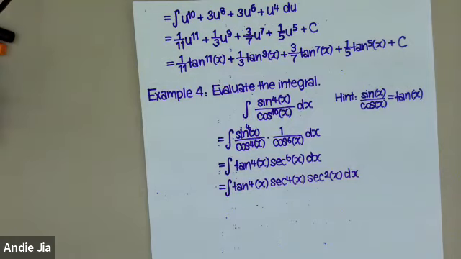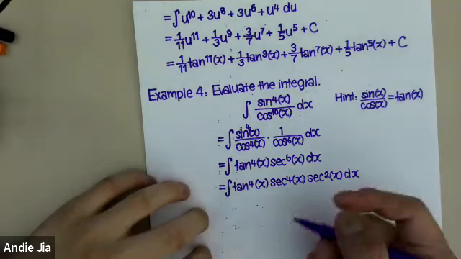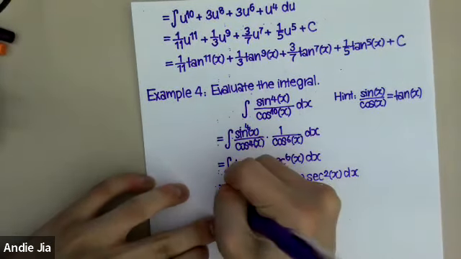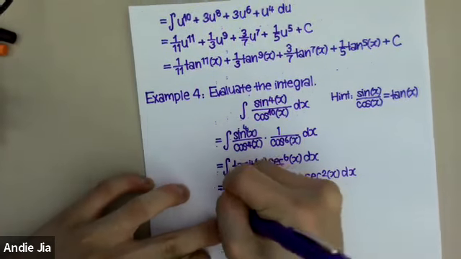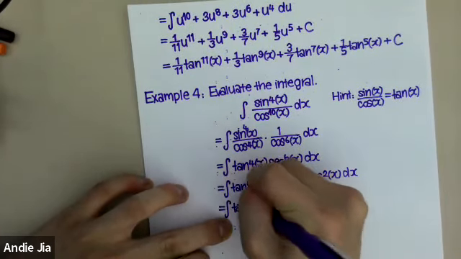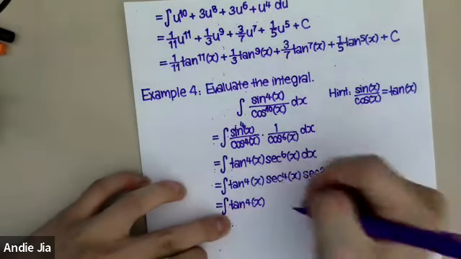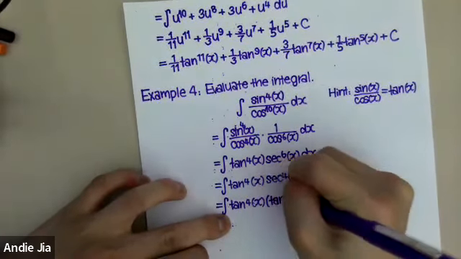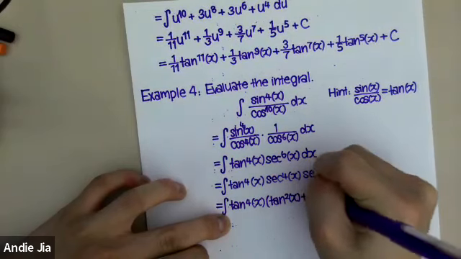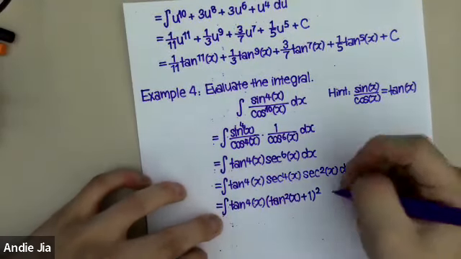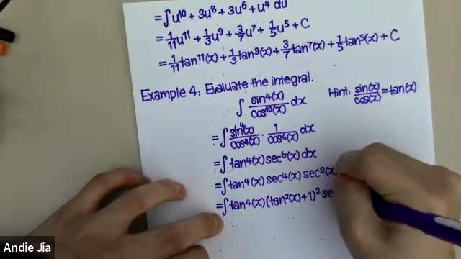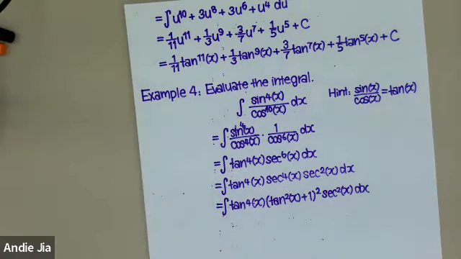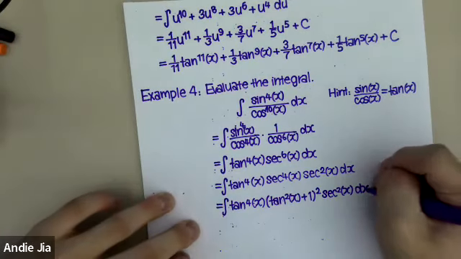And then this is gonna be tangent to the 4th of x times (tangent squared of x plus 1) squared times secant squared of x dx, and do the u substitution.